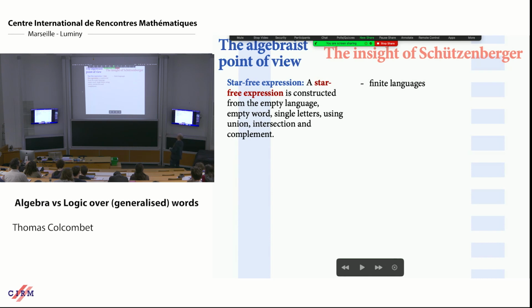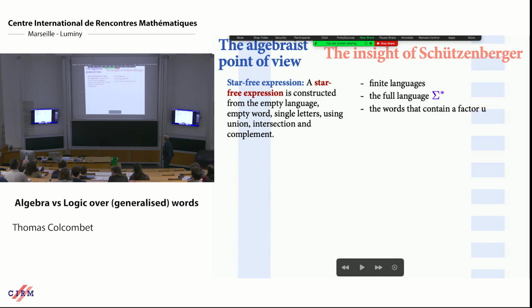So finite languages: you can construct any word by either saying it's the empty word or concatenating letters. Then you can build finite languages by making finite unions. Easy. Then the full language, you can see it as the complement of the empty language.